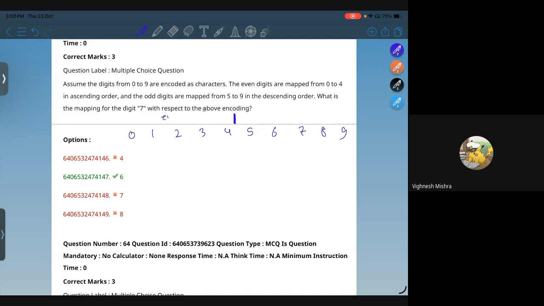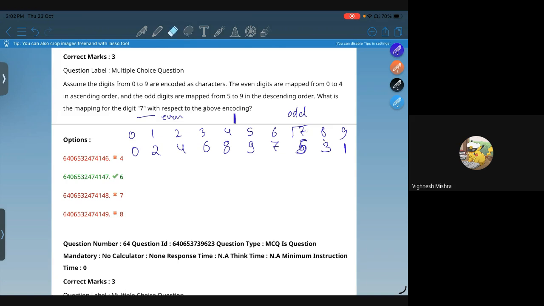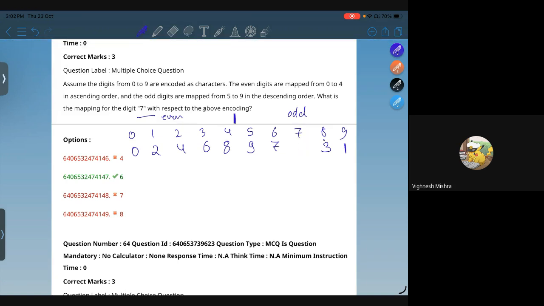And odd digits, this is the even area, this is the odd area. In ascending order, this is 0, 2, 4, 6, 8, and from 5 to 9 it is in descending order, so this will be 9, 7, 5, 3, 1. What will be mapped to digit 7? 5. What is the mapping for the digit 7?